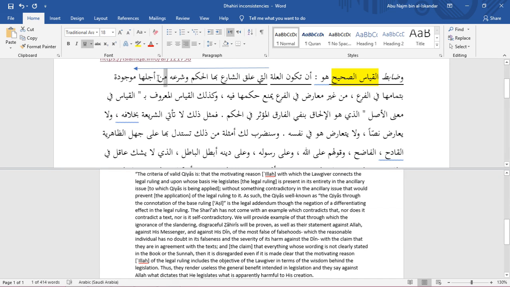And upon whose basis I took from min ajliha. And notice how I put it before the meaning of the verb.